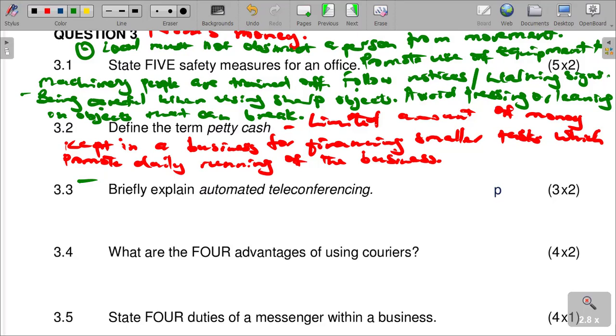And then briefly explain automated teleconferencing. When we say something is automated, it means we are talking about digital.